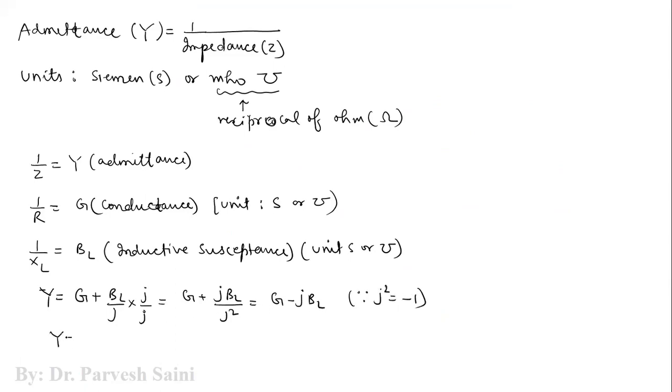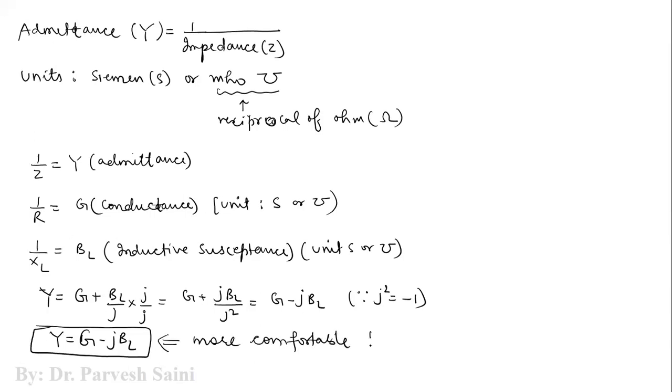So Y is equal to G minus JBL, right? So as you can see here, using admittance is more convenient to use, right?